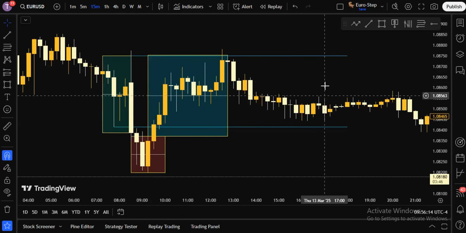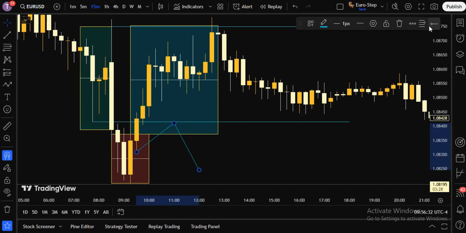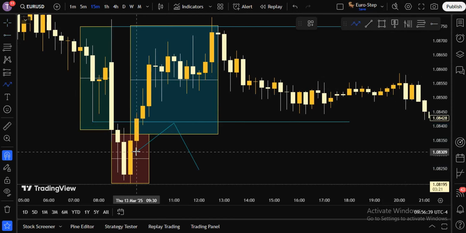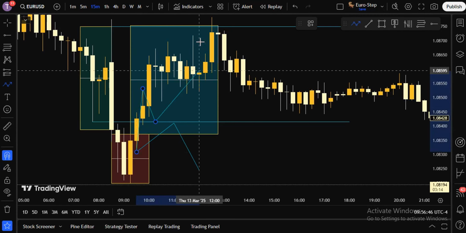Another key thing with this strategy is patience to figure out if price is going to be bouncing off the lower end. An example would be price coming there and then continuing down. That would have been a downtrend. An uptrend is price coming up, respecting that level before continuing up.